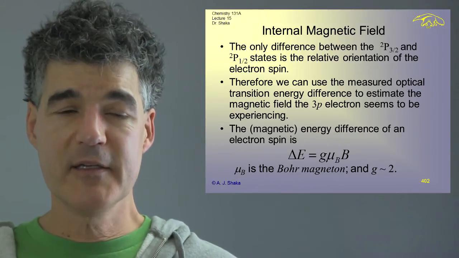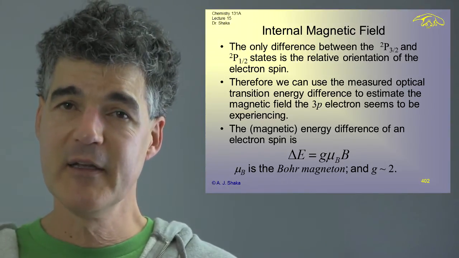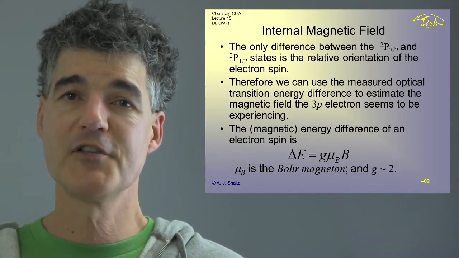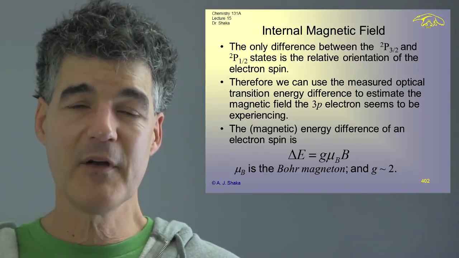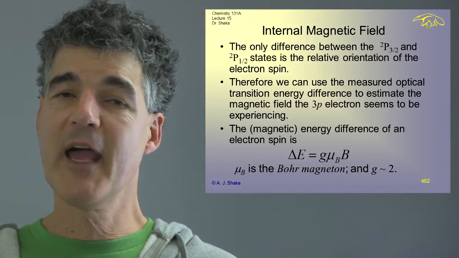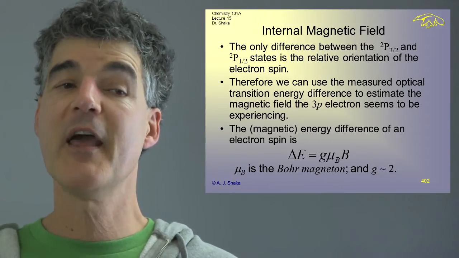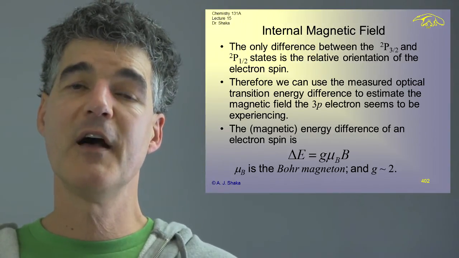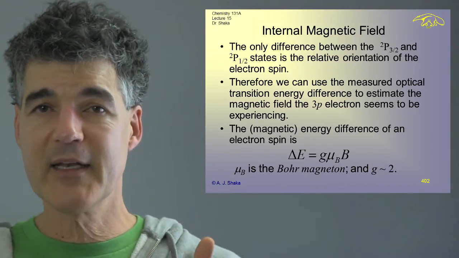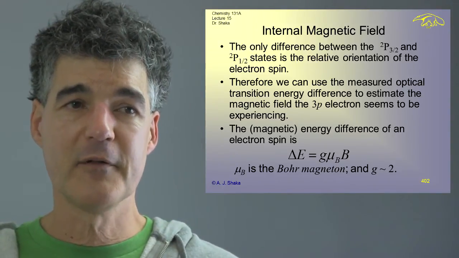The magnetic energy difference of an electron spin is delta E equal to g, the so-called electron g factor, which has a value about equal to 2, and then a conversion, the Bohr magneton, that converts magnetic field to energy, and then B, the value of the magnetic field that the spin is experiencing. That's the magnetic energy that this bar magnet that the electron has is going to feel.